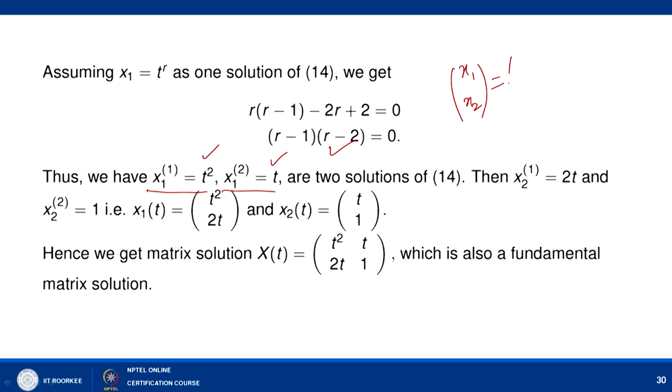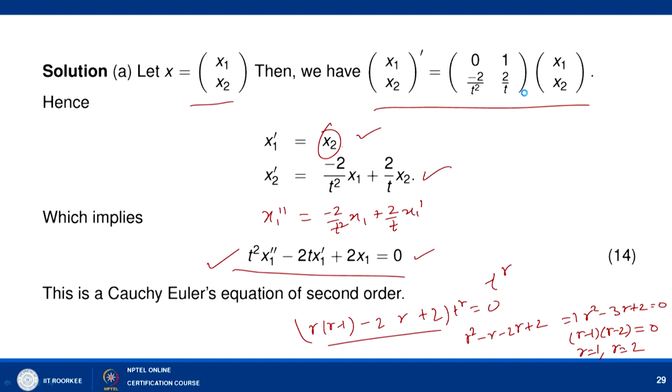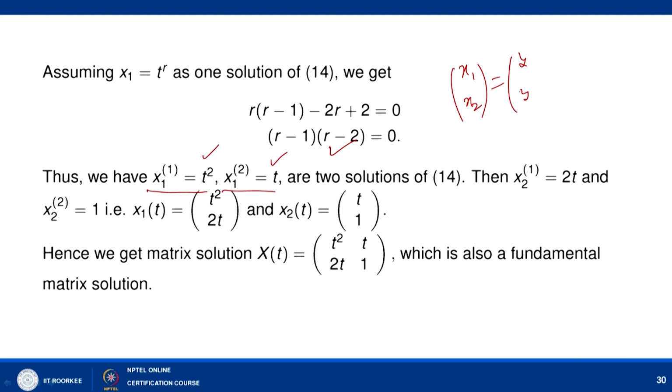So, x1, x2 is basically x1 and x1 dash. So, x1 we already know, if we take x1 as t square, then your x2 is going to be 2t, and if you take x1 as t, then your x2 is going to be 1.